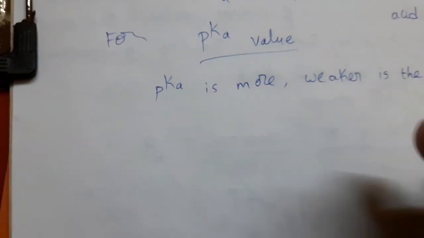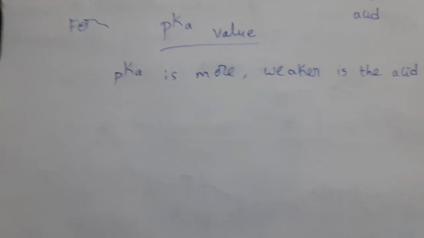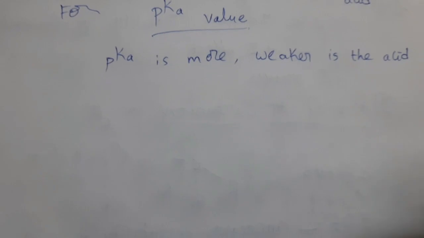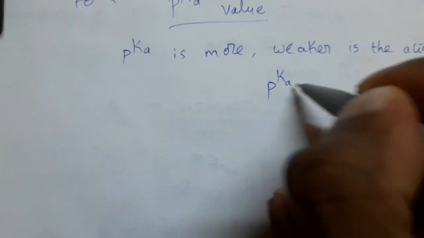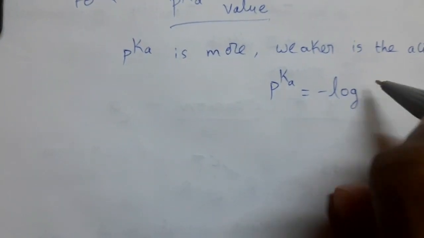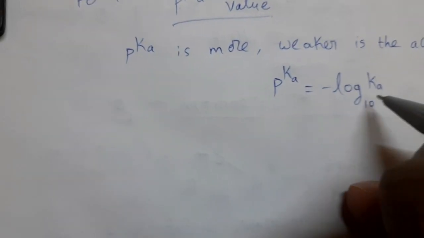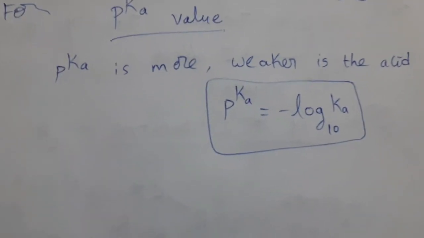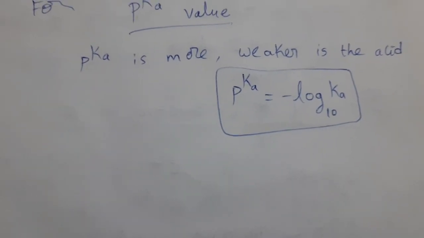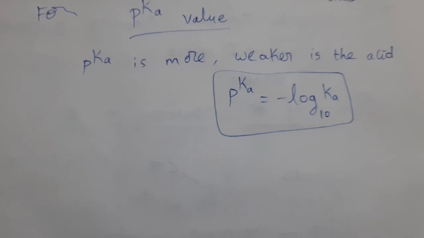Because of the pKa formula: already in the equilibrium chapter we completed pH, pOH and pKa. pKa equals minus log of Ka, base 10. So pKa and Ka are inversely related.